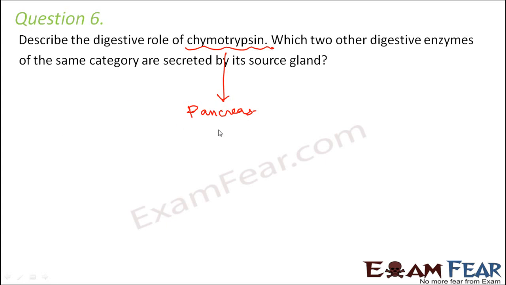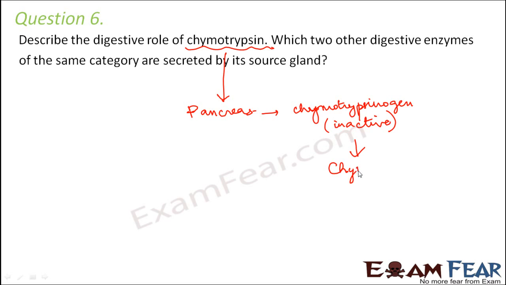So, basically, the pancreas secretes chymotrypsinogen, which is inactive at the time it is secreted. Now, this chymotrypsinogen, in the presence of the intestinal enzymes, turns active and is converted into chymotrypsin.